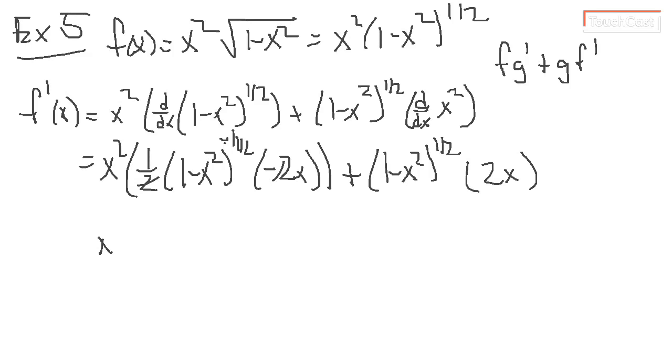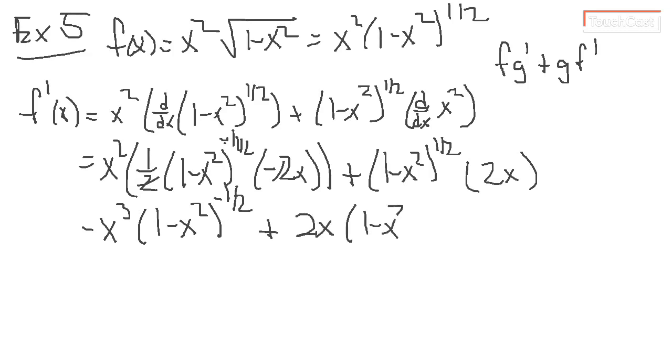In fact, let's just distribute that x squared in there. We're going to have a negative x cubed times 1 minus x squared to the negative 1/2 plus 2x times 1 minus x squared to the positive 1/2.